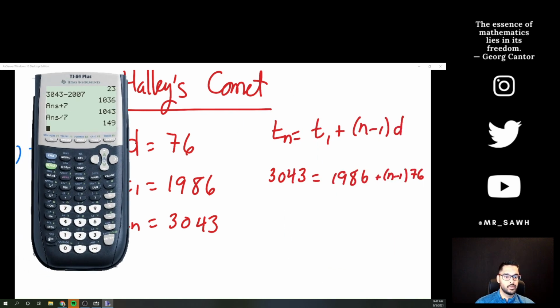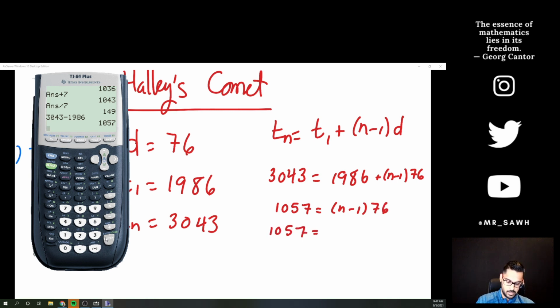Let's move the 1986 to the other side. So 3043 minus 1986 is 1057, which is equal to n minus 1 times 76, which means 1057 is equal to 76n minus 76. So we'll add 76 to both sides: 1133 equals 76n.